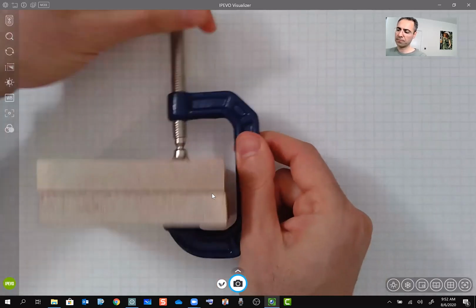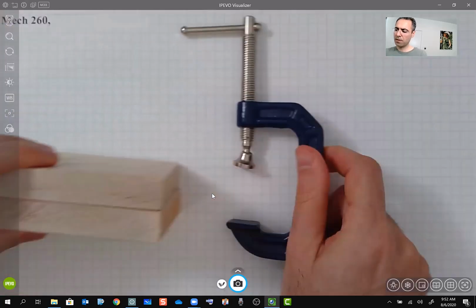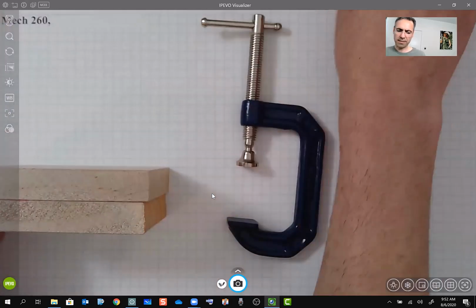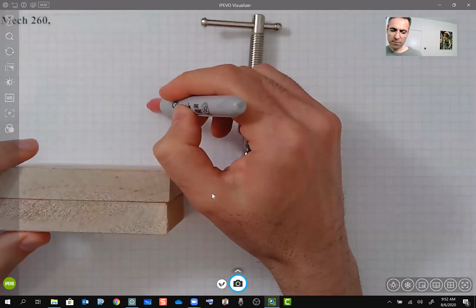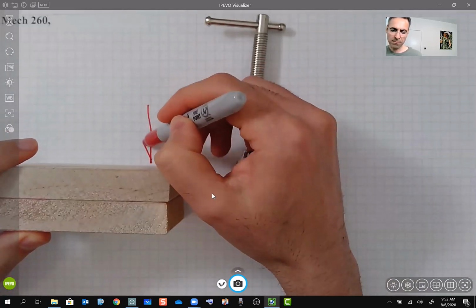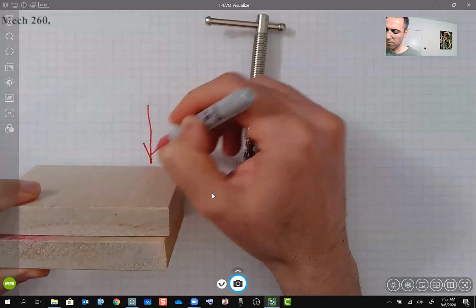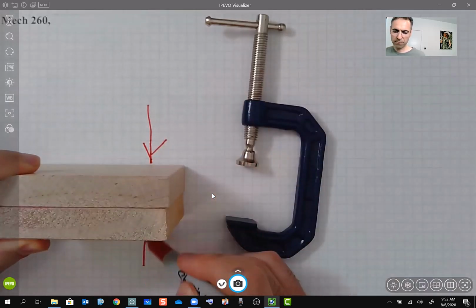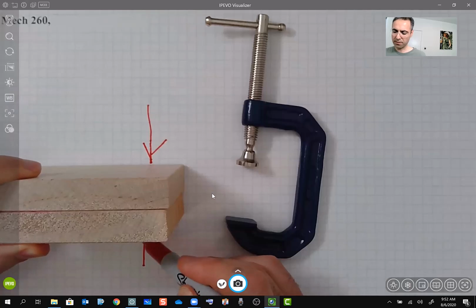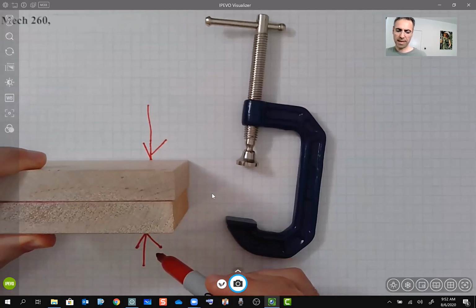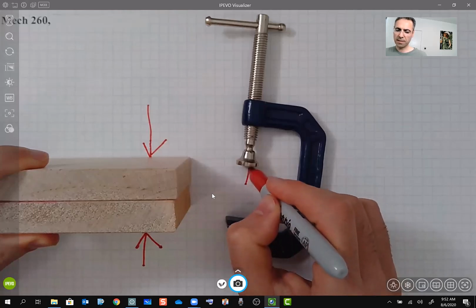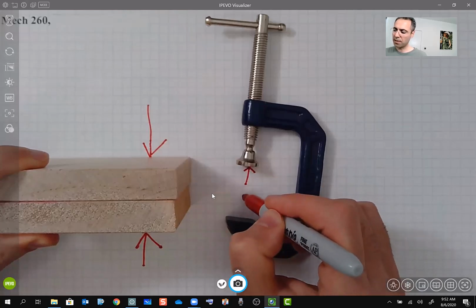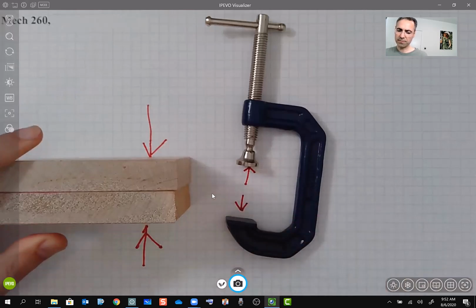So then it's going to be like that. So these are the two things that I have here. With the C-clamp, we try to compress them, all right? Like that. And the reaction for them is going to be a load like this one and a load like that. All right?